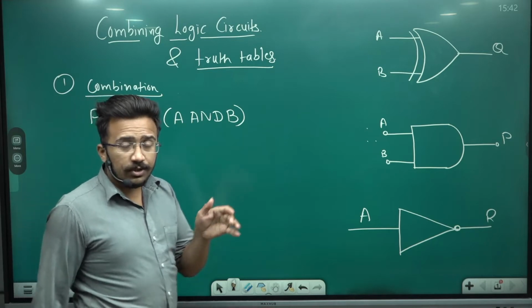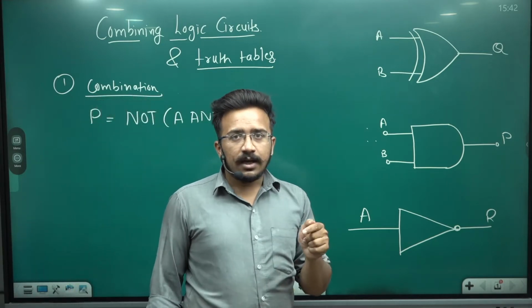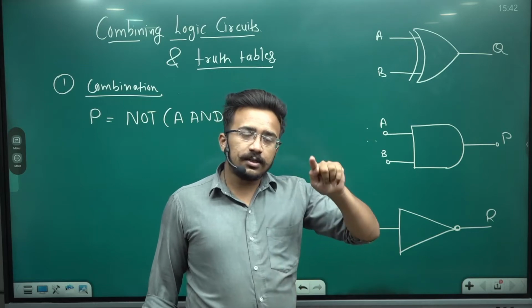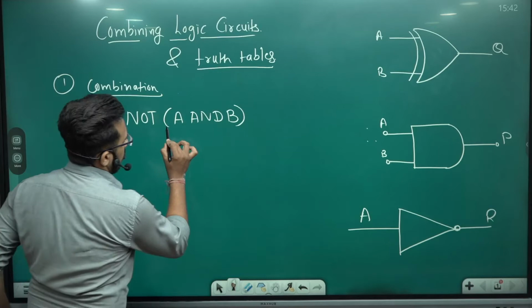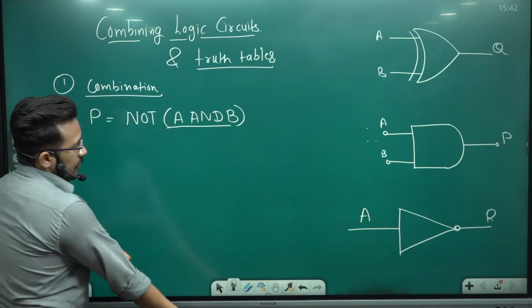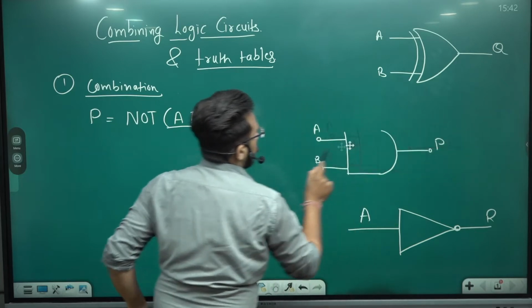So first you need to create a logic gate for the combination of A and B, and then consider the NOT afterwards. So first solve this part, the bracket. Okay, so let's create a gate. Obviously this is already there.